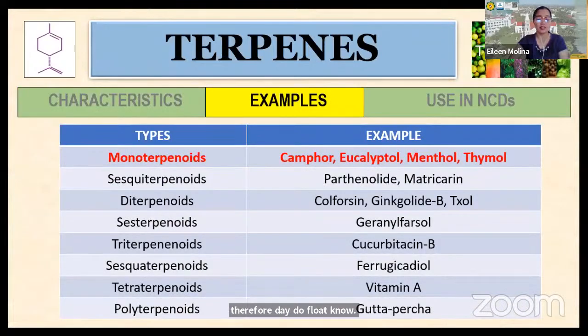All right, so let's look into some examples of terpenes. I hope we do have some time to look into this one, but anyway, we'll just have to make it as quick and brief as possible.